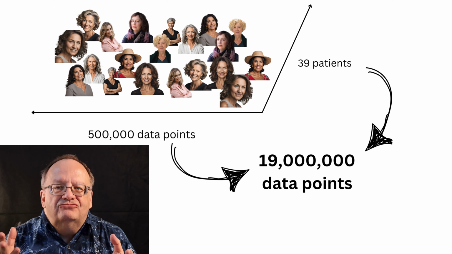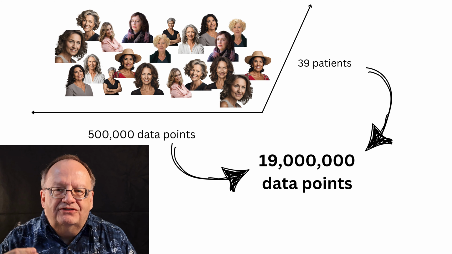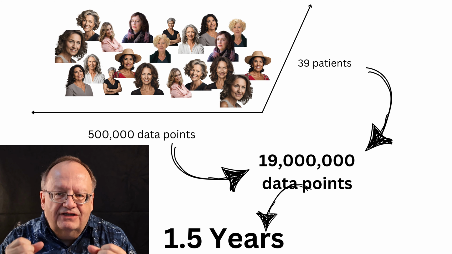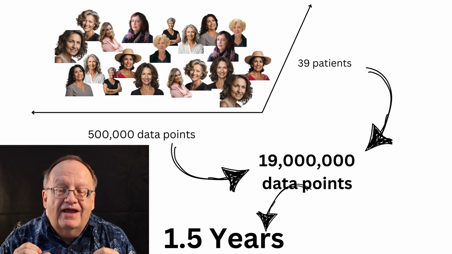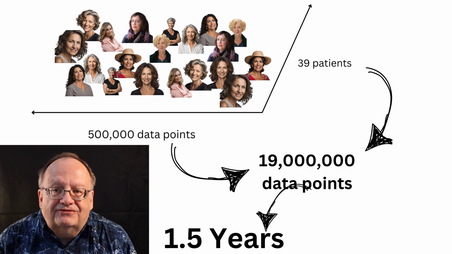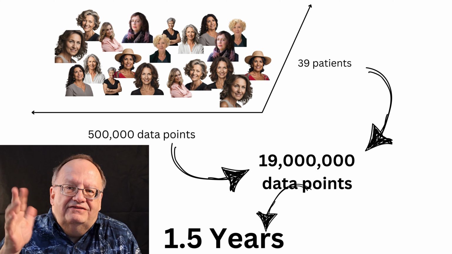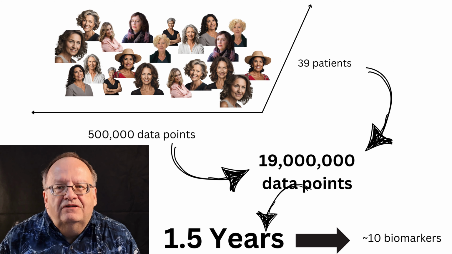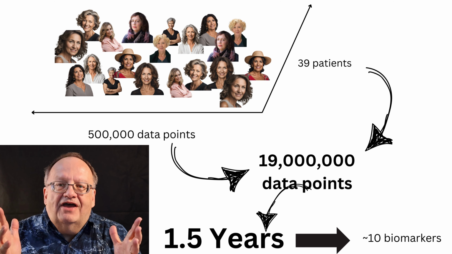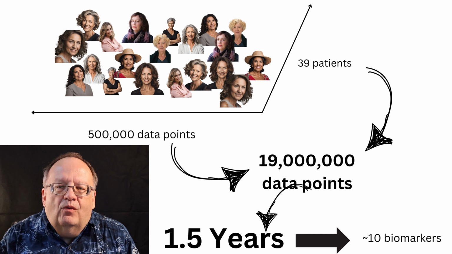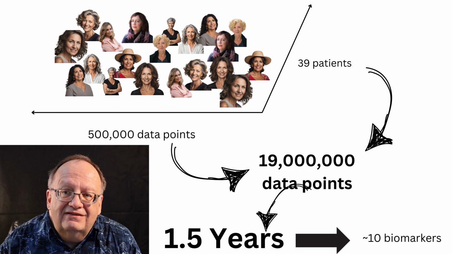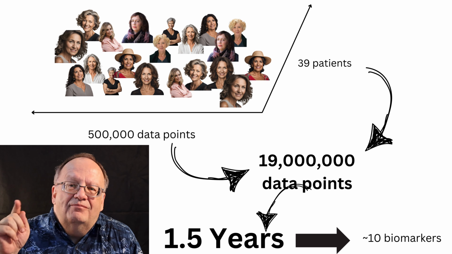She didn't have any of the software to find what's important, so she actually spent a year and a half looking through this data by hand, trying to identify things that would discriminate the various stages of breast cancer. After a year and a half, she was successful, and she was able to find 10-ish or so biomarkers. We love that, because what that means is the data is there, the information is there. But 1.5 years to find it, that is not good. We need a better solution.